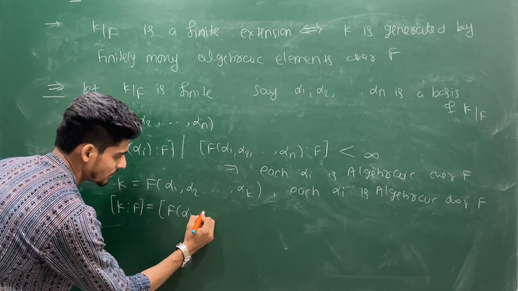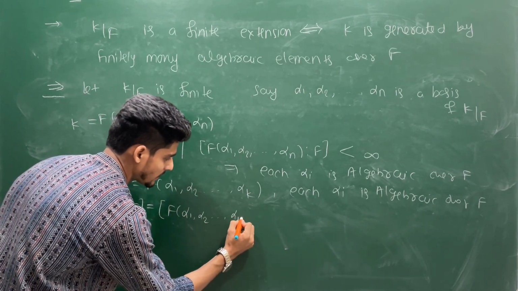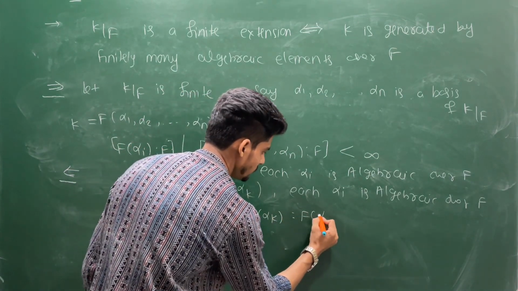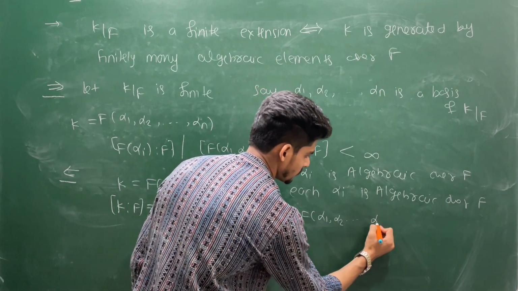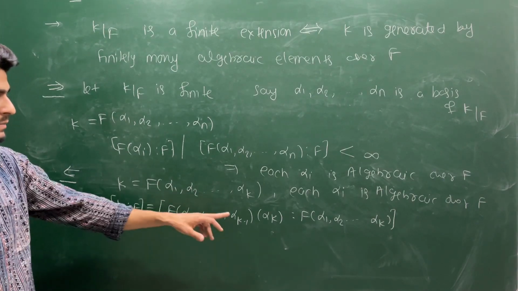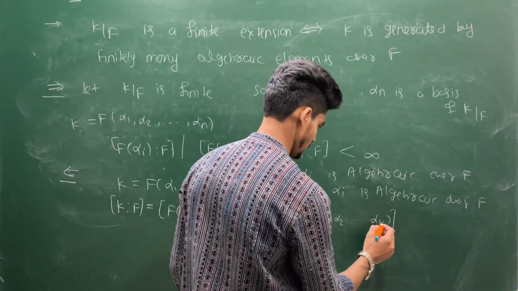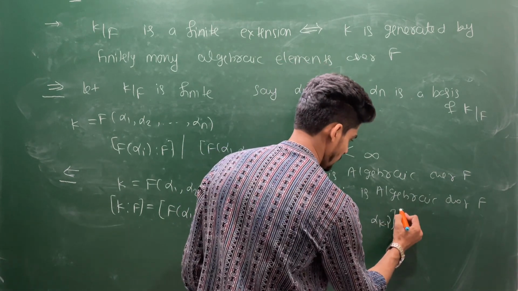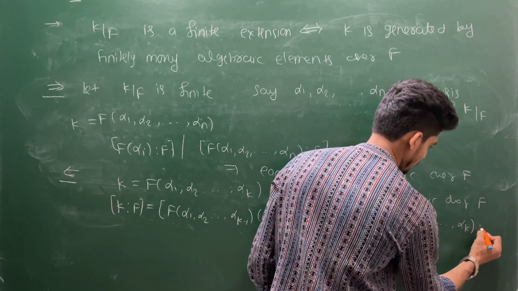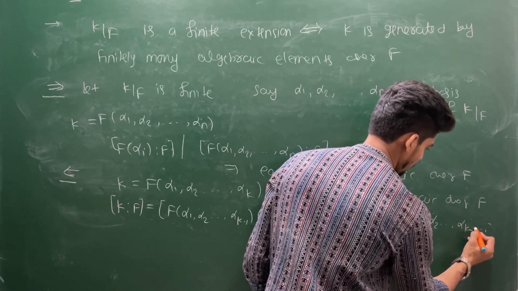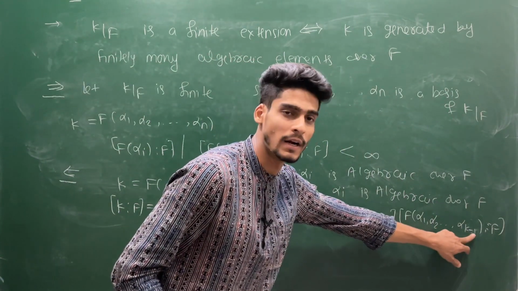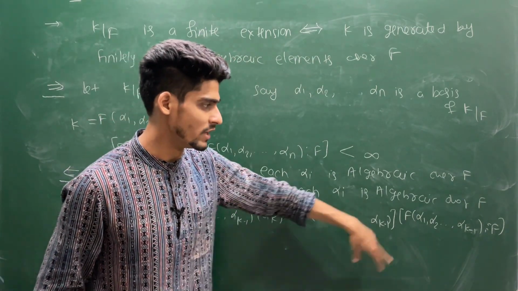This is F(alpha 1, alpha 2, ..., alpha k-1, alpha k) over F(alpha 1, ..., alpha k-1), and the second part will be F(alpha 1, alpha 2, ..., alpha k-1) over F. Then again you will split this part, and you will split till the end.